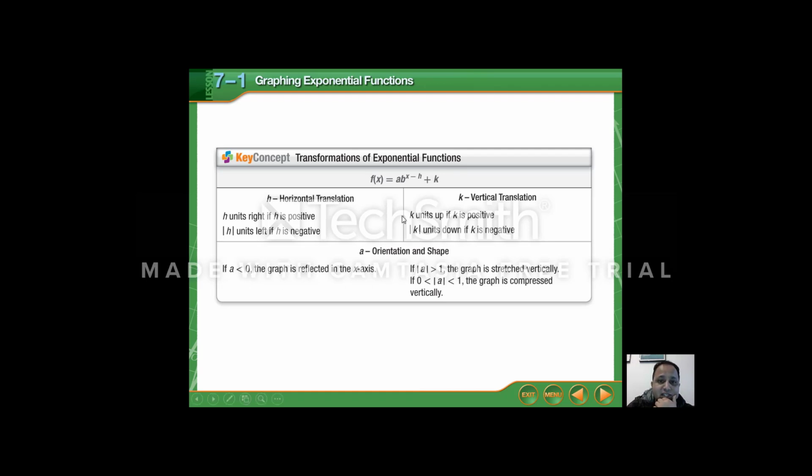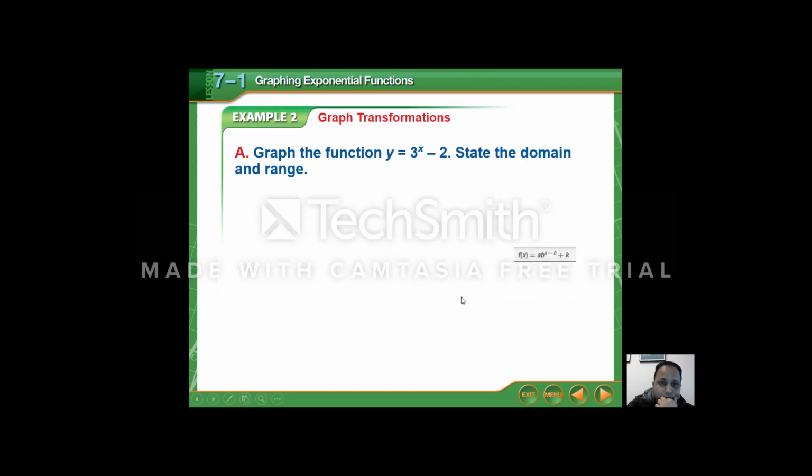So if a is negative, it's reflected in the x-axis. Put this in your notebook. Take down the notes.